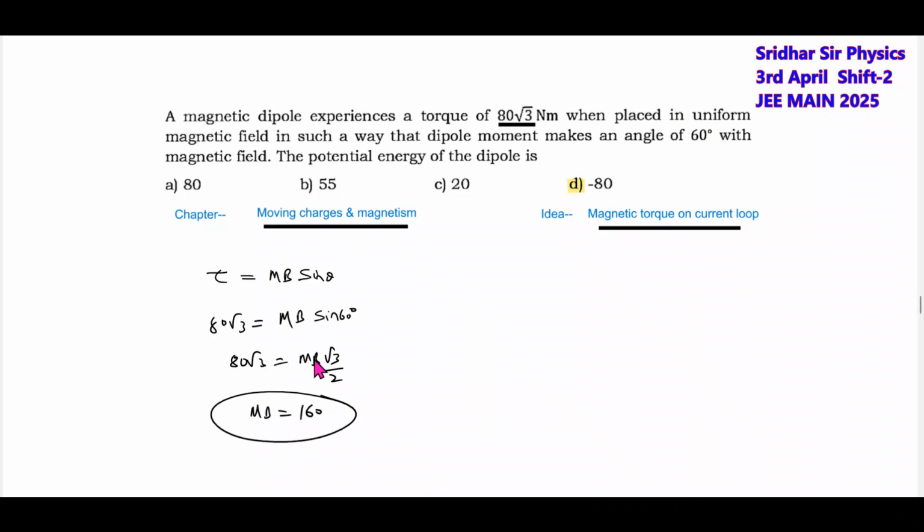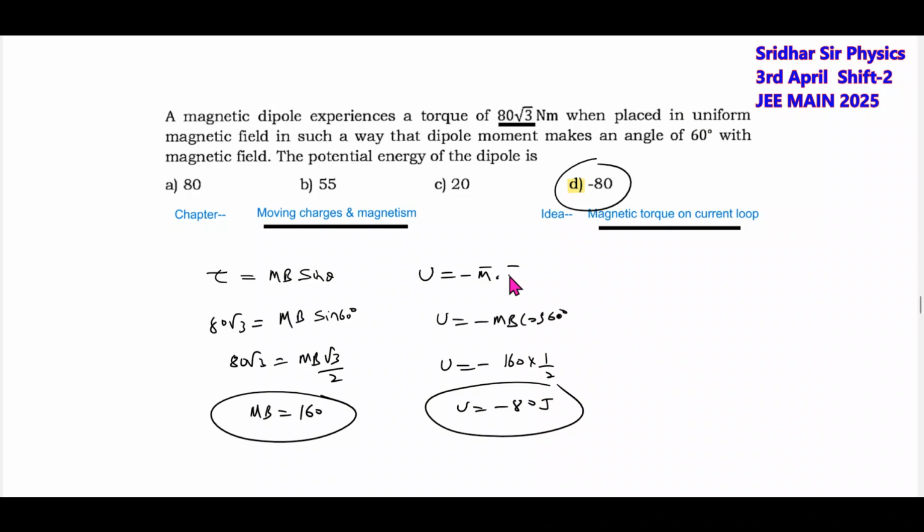So mb equal to 160. This is the value of dipole moment into magnetic field. What is the potential energy? The formula is minus m bar dot b bar, which is equal to minus mb cos 60 degree. What is the value of mb? 160 cos 60, 1 by 2, will be 80 joule.